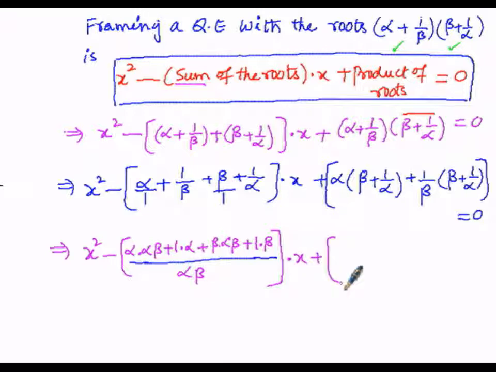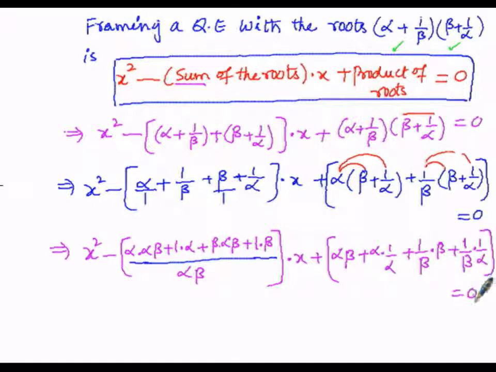Plus, within the bracket we have to multiply the entire bracket: alpha with beta and alpha with 1 by alpha, 1 by beta with beta and 1 by beta with 1 by alpha. The next logical step will be alpha into beta is alpha beta, plus alpha into 1 by alpha, plus 1 by beta into beta, plus 1 by beta multiplied with 1 by alpha, so we get 1 by beta into 1 by alpha, bracket close, is equal to 0.